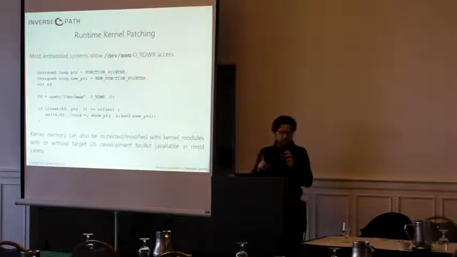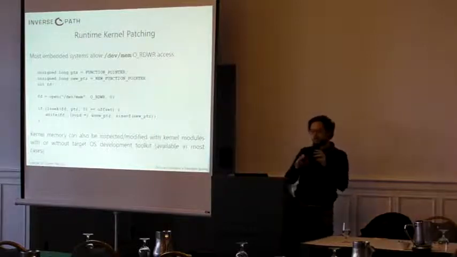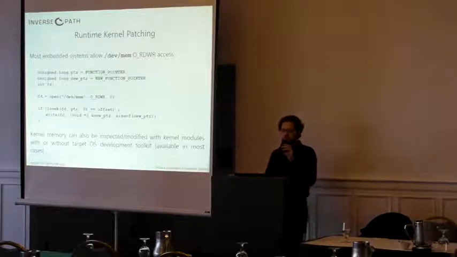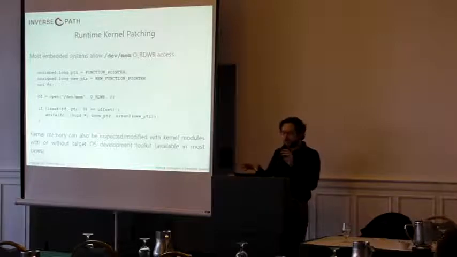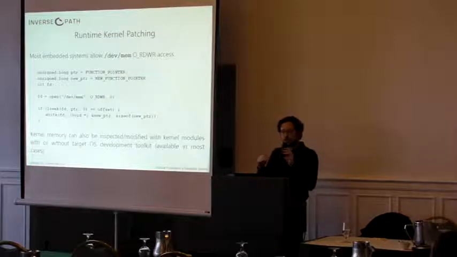There's one interesting thing which most people do not realize: in order to create binaries and code that will run on the target system, you don't need to have the specific OS development toolkit for that target system, which is available in some cases, but you don't need it.